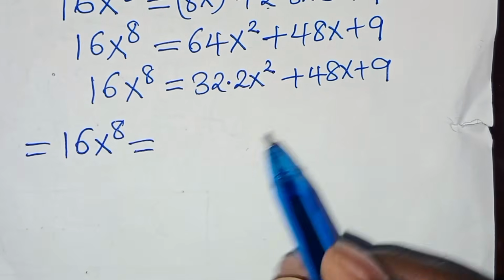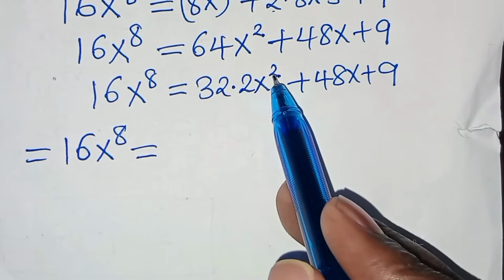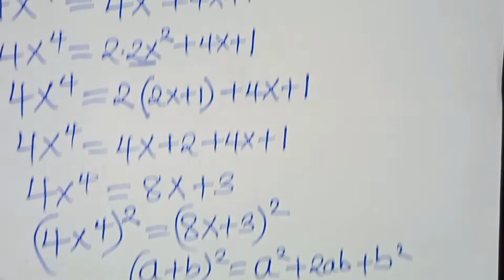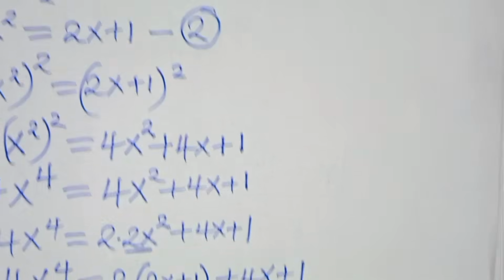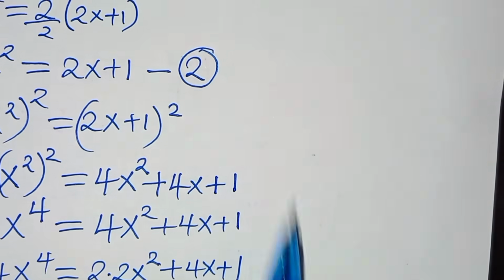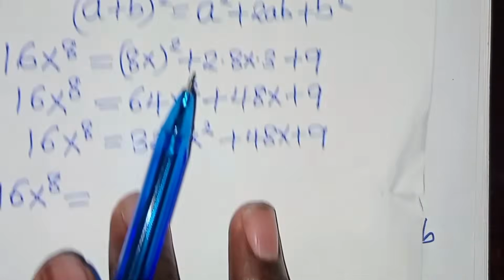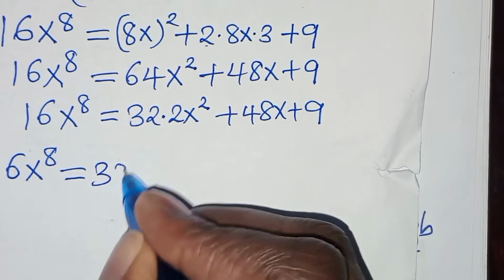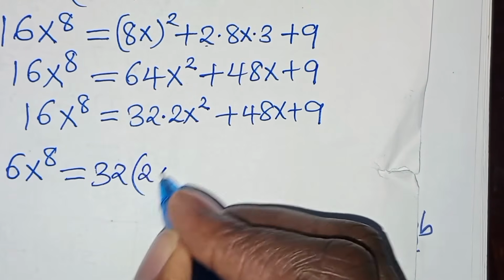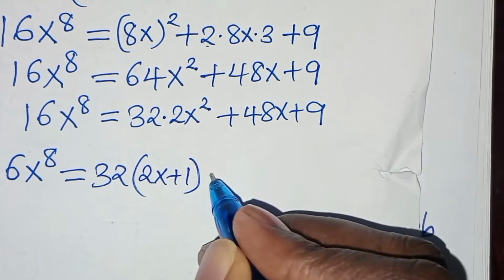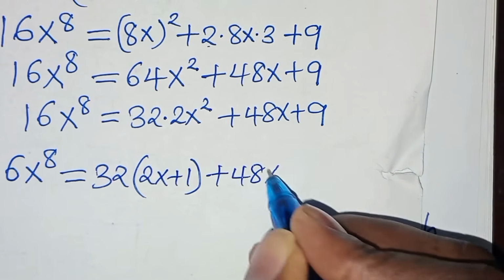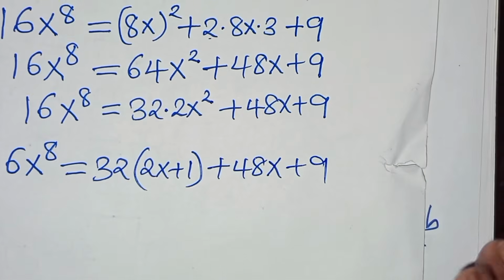This is equal to, now 2x to the power 2 is the same thing as equation 2, which is equal to 2x plus 1. So let's substitute this. So we'll have 2 multiplied by 2x plus 1 plus 48x plus 9.